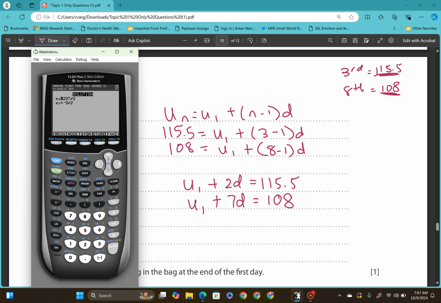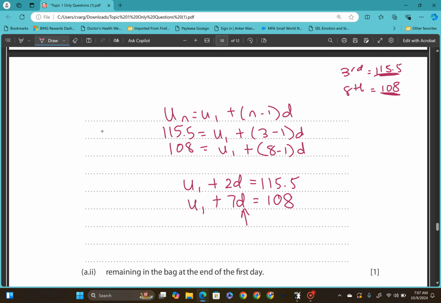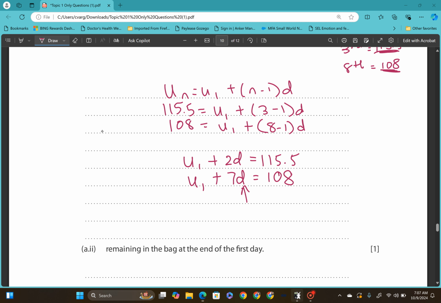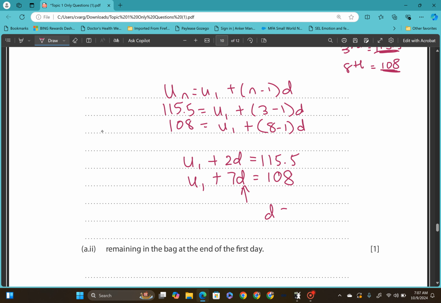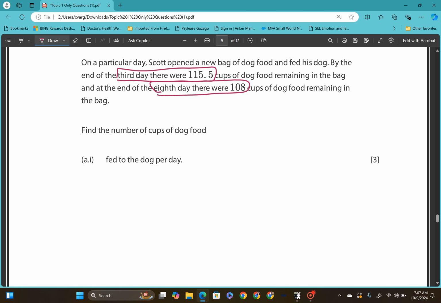They're asking us to find the common difference, which is the second variable. The second variable here is negative 3 halves, so our common difference is negative 1.5. But they're asking us to find the number of cups fed to the dog per day.